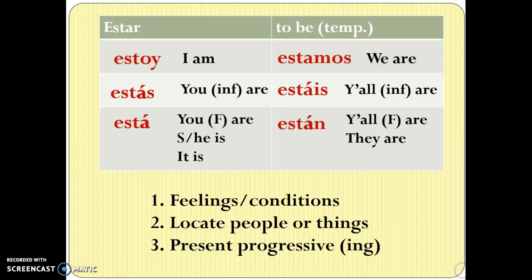And están translates to you all, formal, are, and they are, whether we're talking about people or we're talking about things, like the books are in my backpack. Or it can be they as in the people, my friends. They are at home.